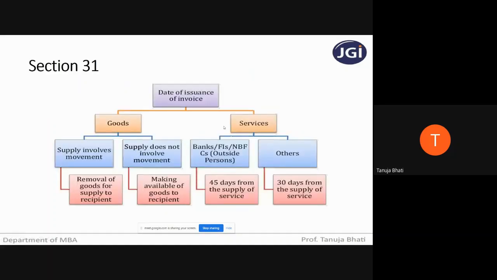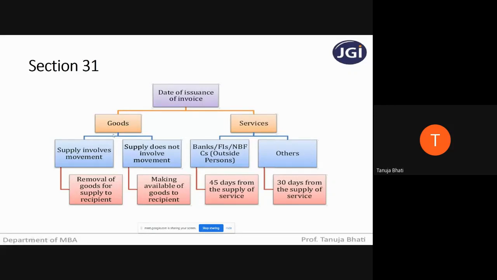So section 31 talks about the time limit or the due date of issuing the invoice in case of goods as well as in case of services. And this particular section is important for us in case of forward charge.